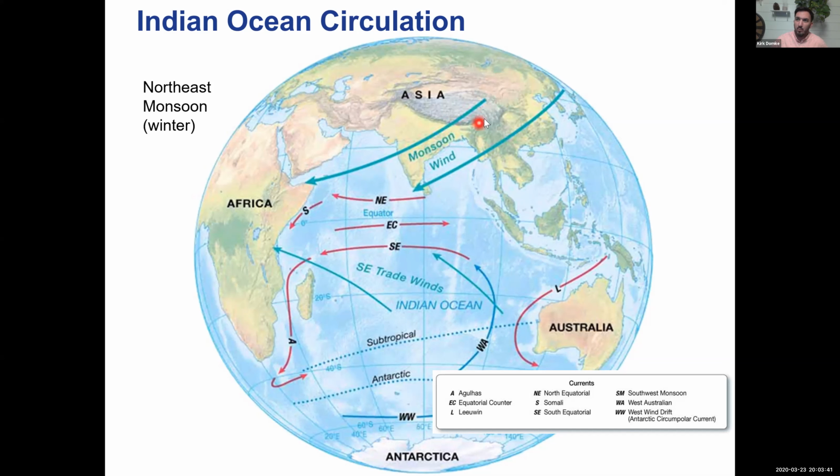And we also see what's called the monsoon winds up here in the Northern Hemisphere, also at that 45-degree angle, just like the trade winds in the Atlantic and the Pacific Ocean. So everything we're seeing here in the wintertime is pretty standard according to what we were already seeing in the other oceans from the earlier lecture.